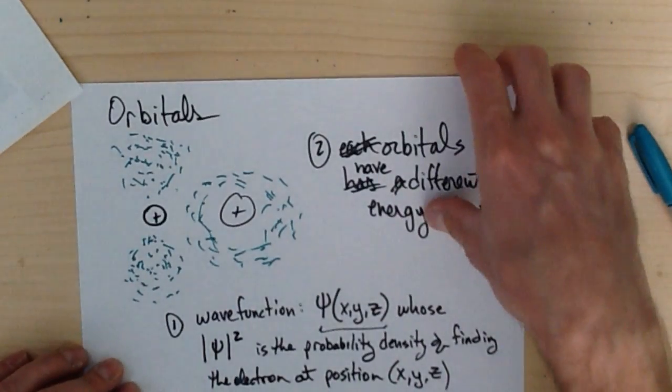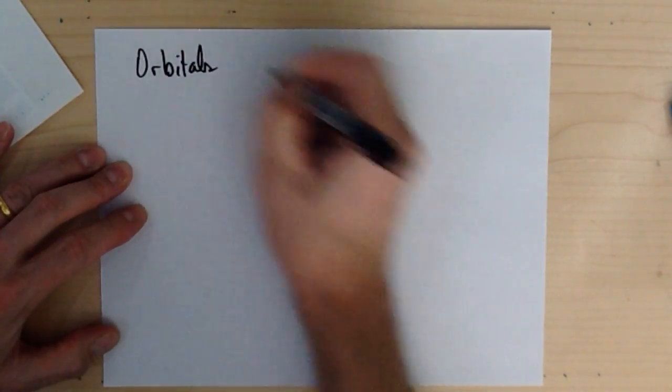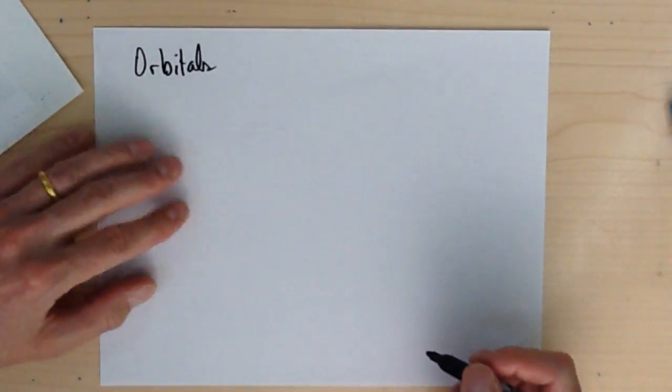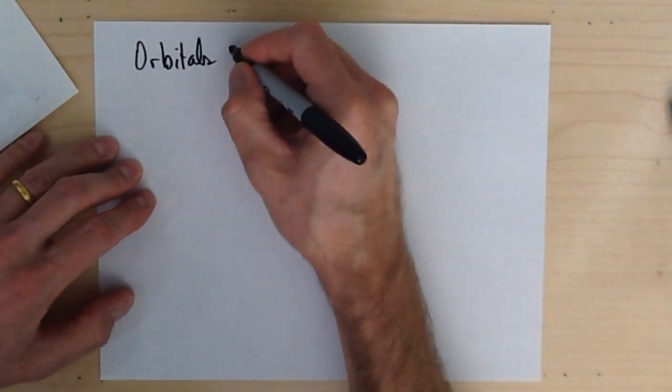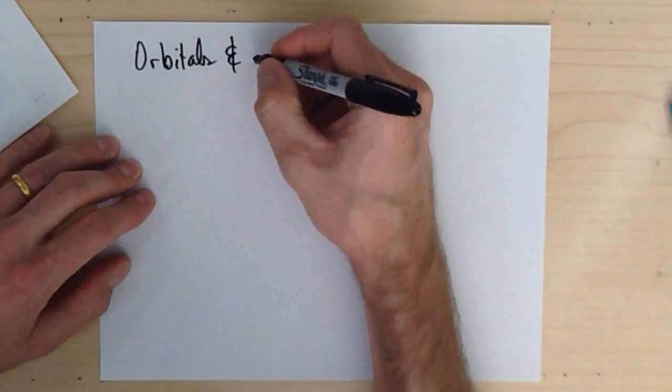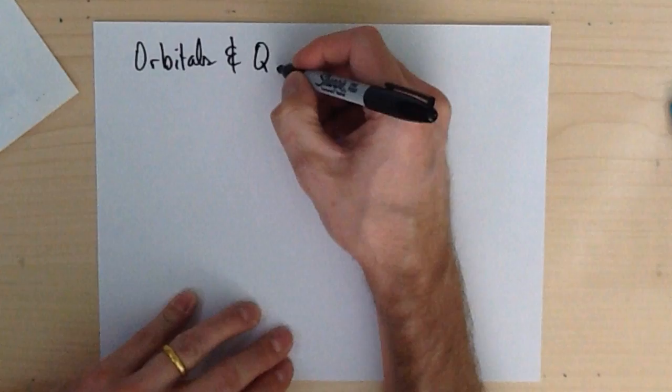All right, so let's go back to something that I hope you've seen before in prior classes, and that is that orbitals have quantum numbers associated with them. And you've probably seen this in some of your chemistry and physics classes, and I hope this comes back to you. If not, please do some background reading so you can recall.